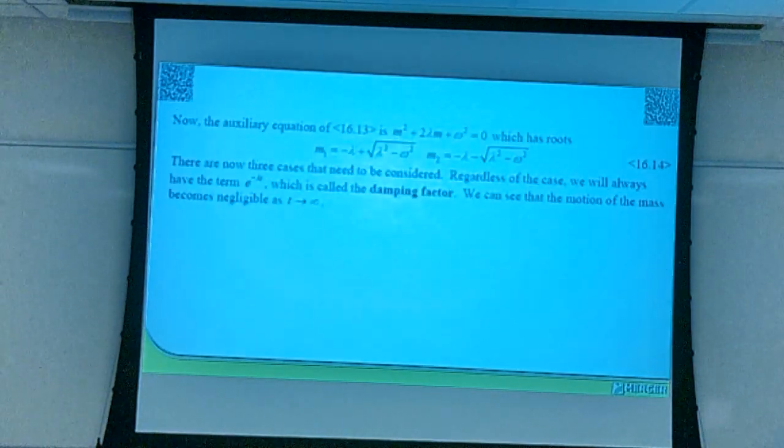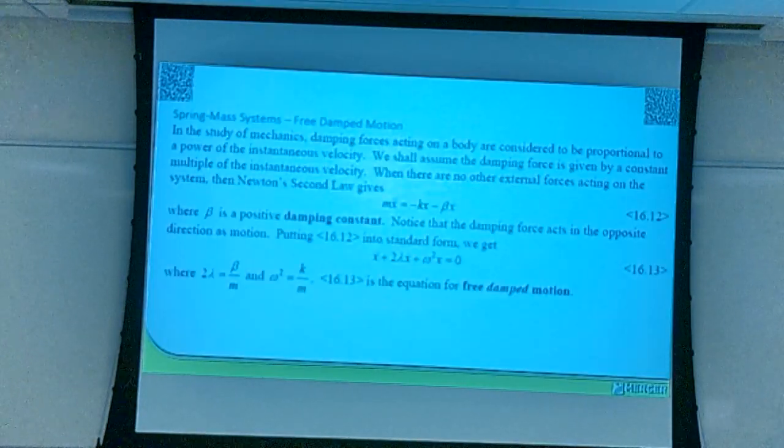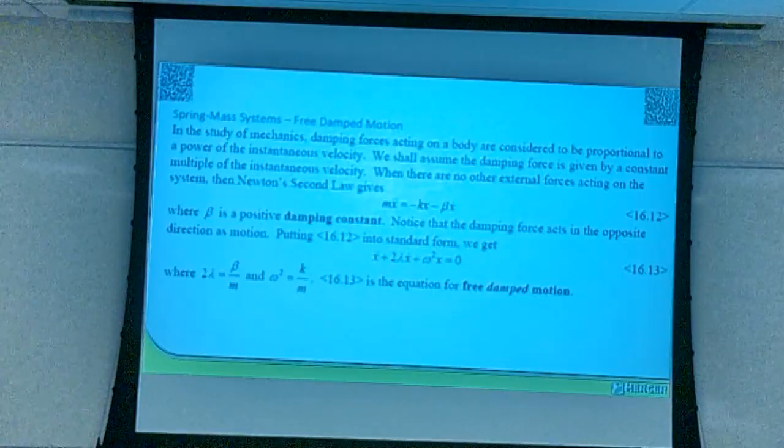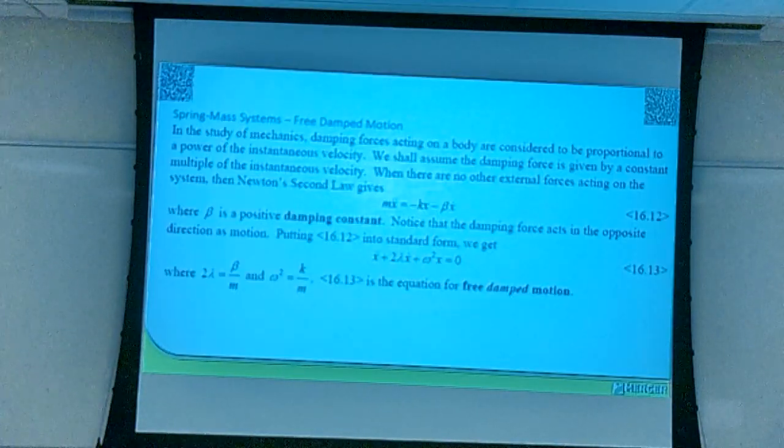Then you'll have damping, with a damping constant, which is your constant of proportionality. They use beta. The equation is called free damped motion.